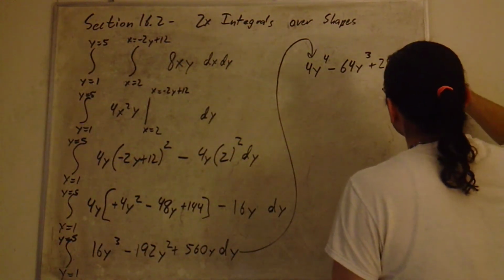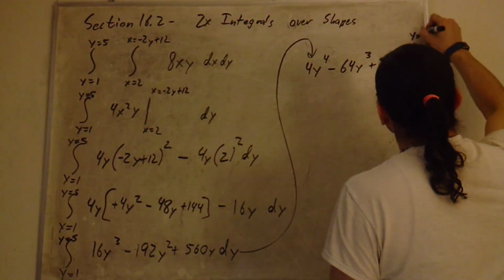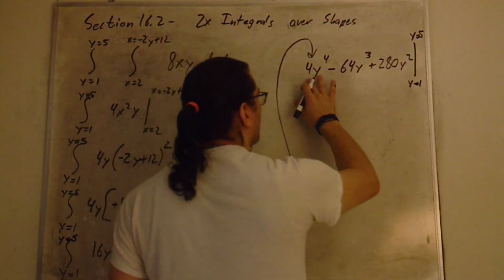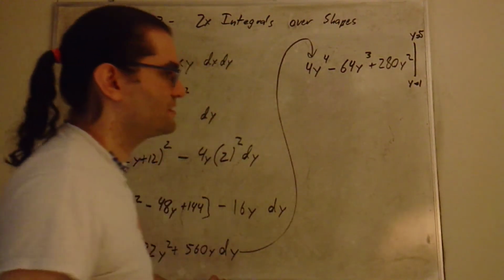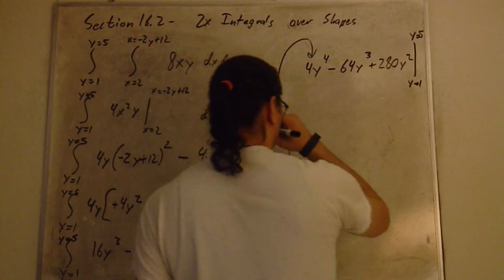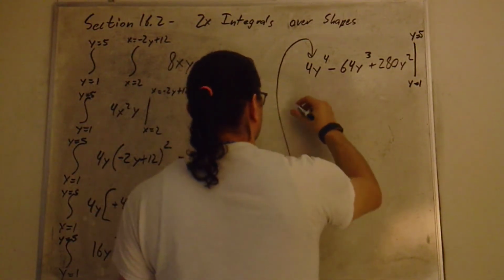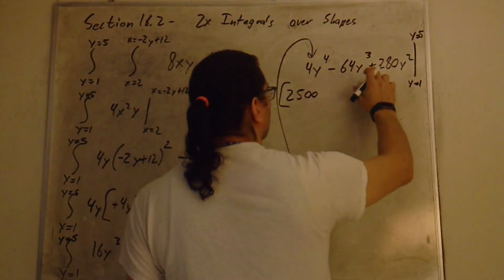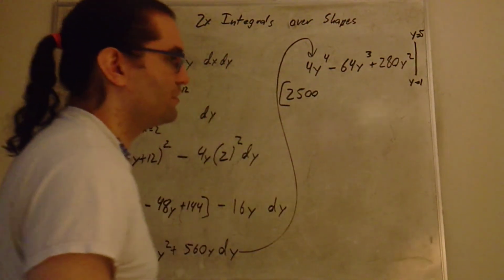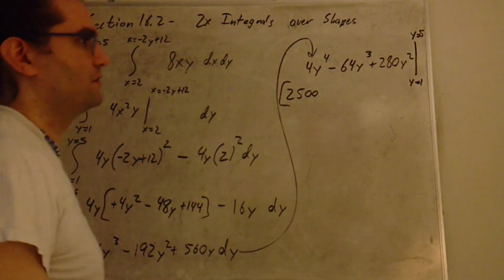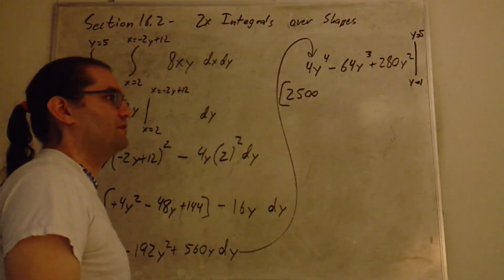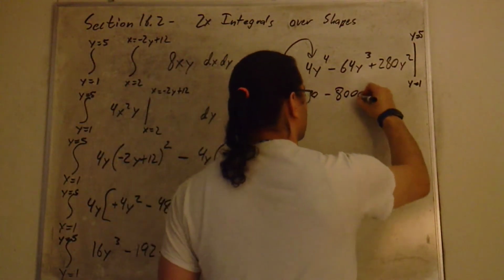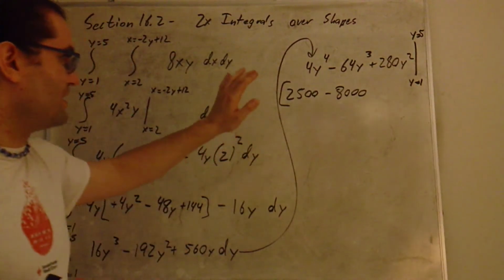We need to evaluate this at y equals 1 and y equals 5. So, 4 times 625 should be 2500. 64 times 125 is the same as 16 times 500, is negative 8,000. Are we getting the exact same numbers? That's cool. I knew we were going to get the same eventual answer in the end.